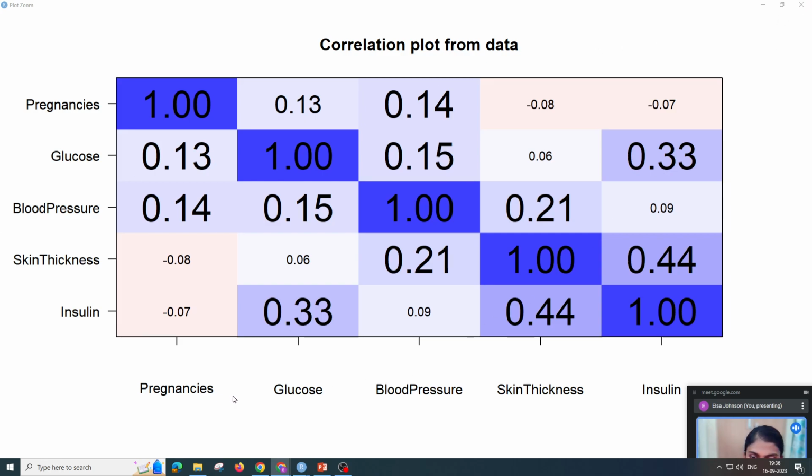So I have taken the first 5 features. Here you can see pregnancies, glucose, blood pressure, skin thickness and insulin. You can see the middle diagonal has 1 values, but the other features do not have any high correlation values. That means in your analysis you don't have to eliminate any of the features.